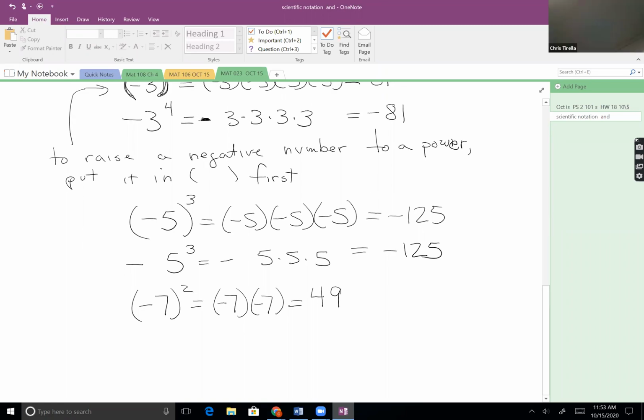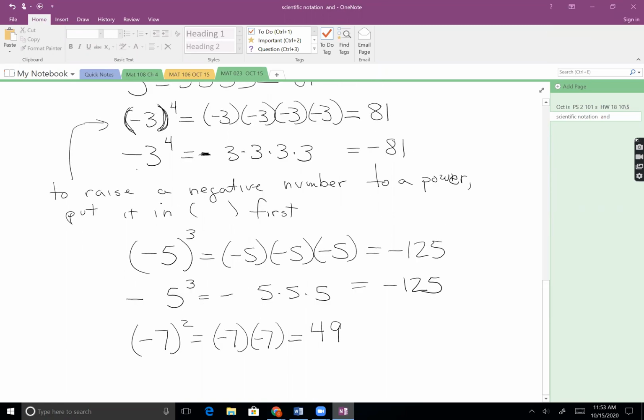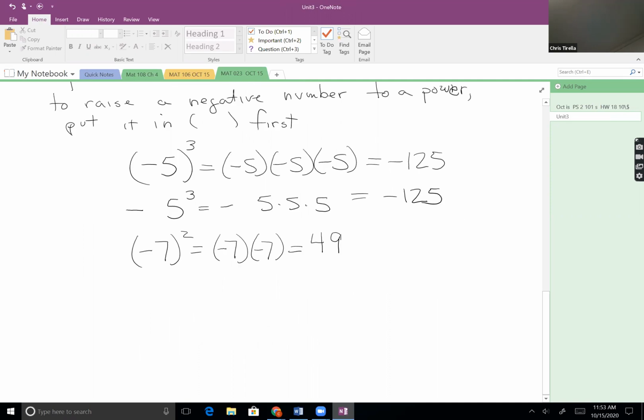And so if I backtrack and look at the examples, do you notice that if I take a negative number to an even power, the result is positive, as opposed to if I take a negative number to an odd power, the result is negative.